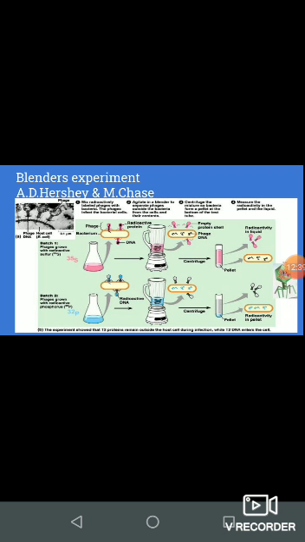If the protein is the genetic material, then automatically in the subsequent observations we can find it. Here, after infecting the bacterial cells, they mixed them in a kitchen blender for separation. After that they centrifuged these cells and the lysate.